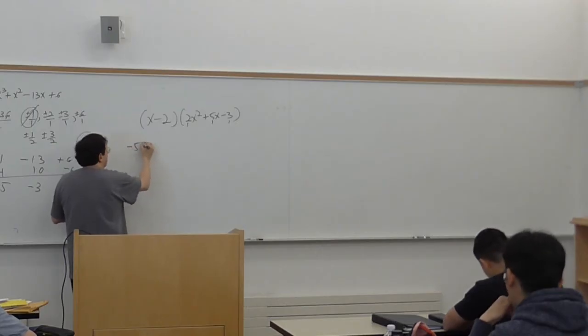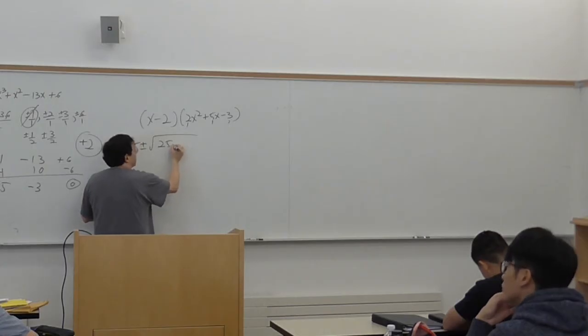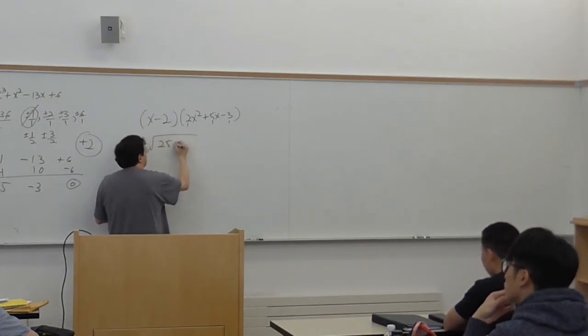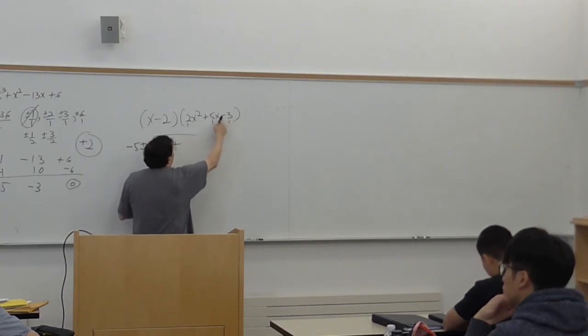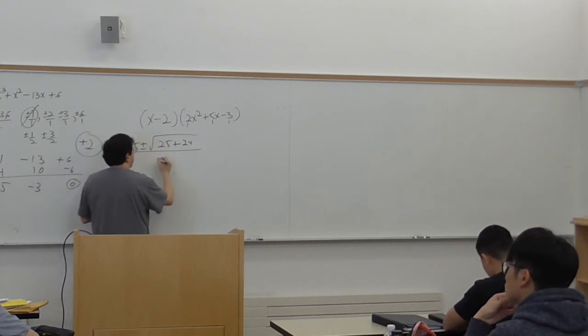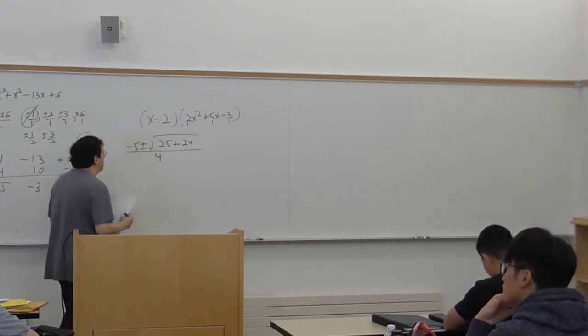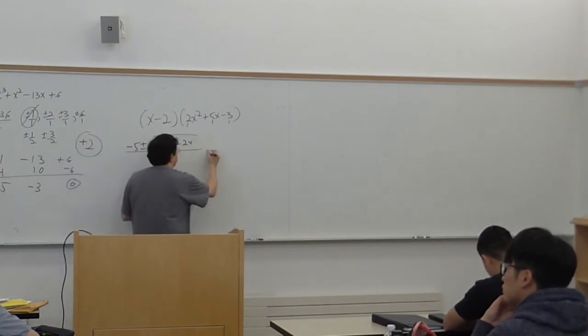So negative b plus or minus the square root of 25 minus, but there's a minus, so it's going to be plus 12, 24. Recognize that number, all over 2a, which is 4. And this is 49, so the square root of 49, of course, is 7.